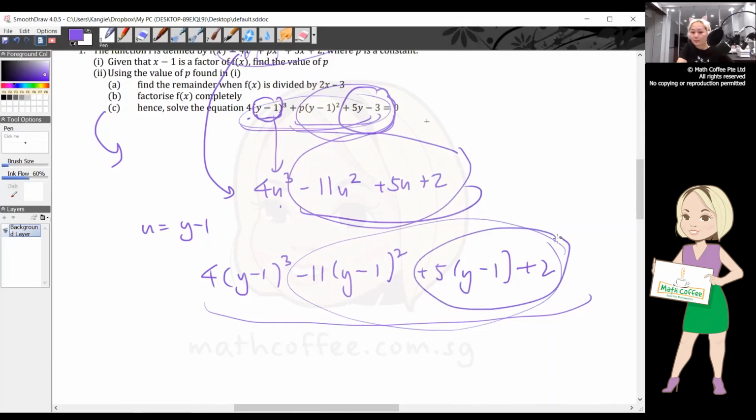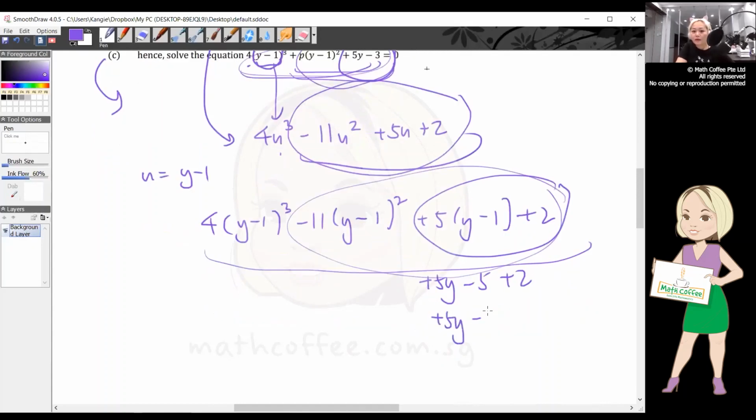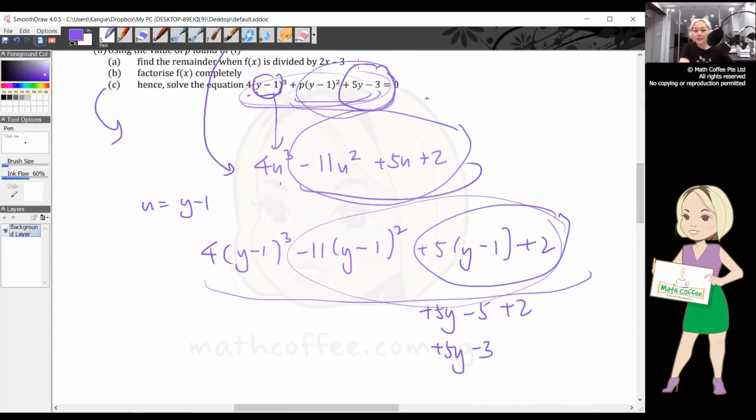So let's open up this last part. I get plus 5y minus 5 and plus 2. So do you see that I get plus 5y and minus 3? So you see, it's exactly the same.